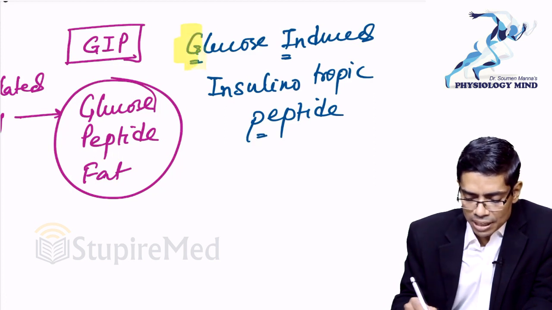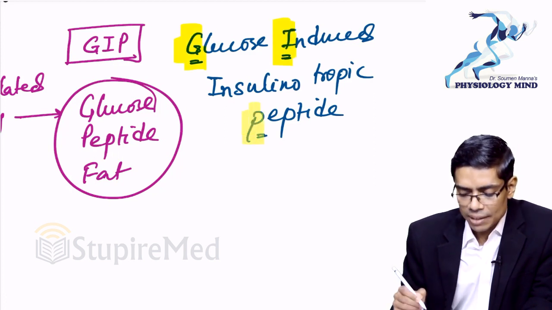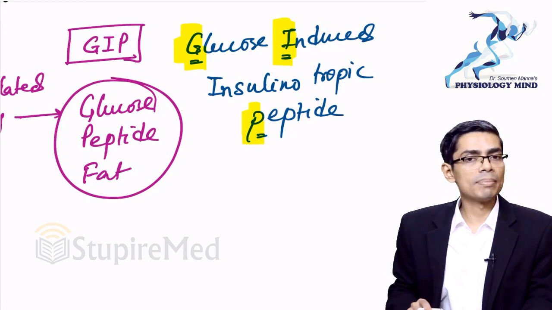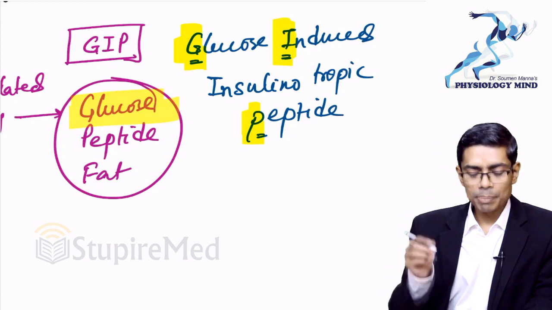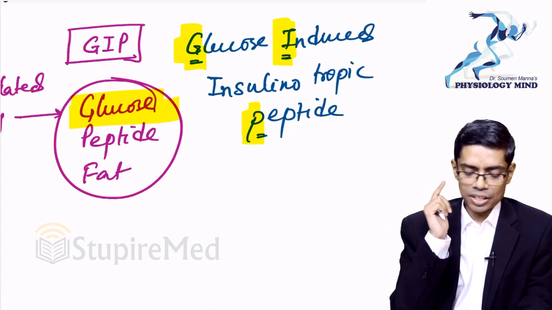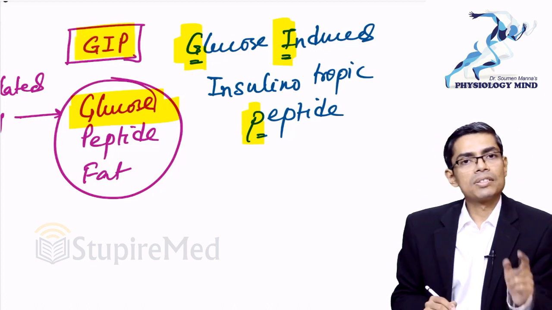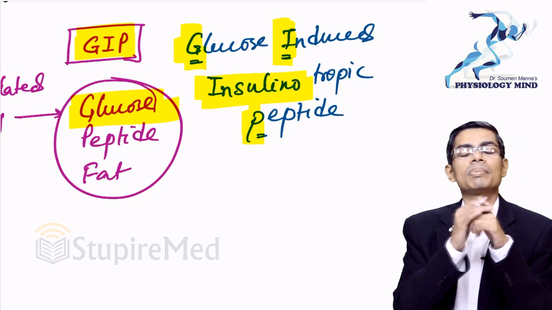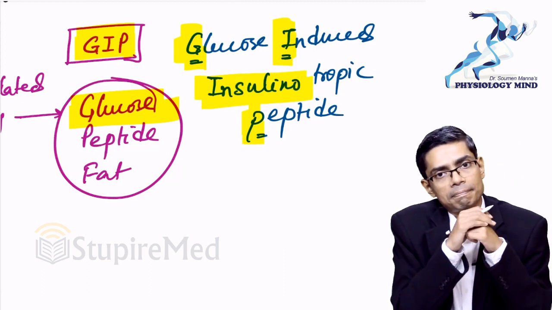So again the name is GIP, but the name has changed to glucose induced insulinotropic peptide. What do you mean by that? It means it is induced by major food particle, that is glucose, and after secretion GIP stimulates the beta cell of the pancreas for the release of insulin.